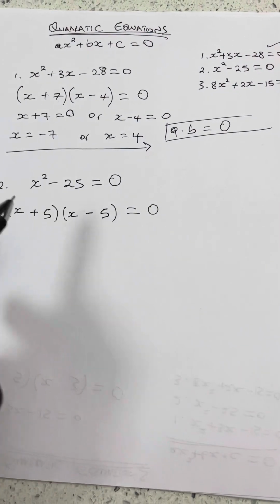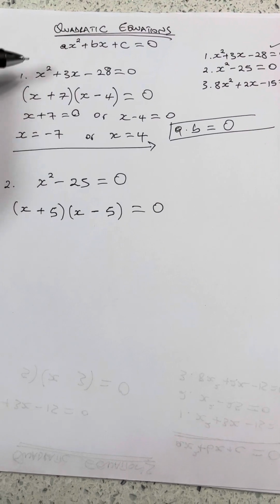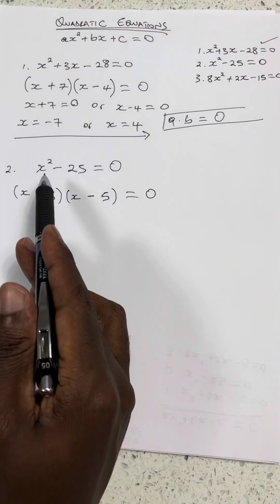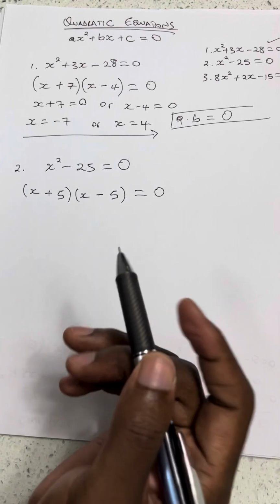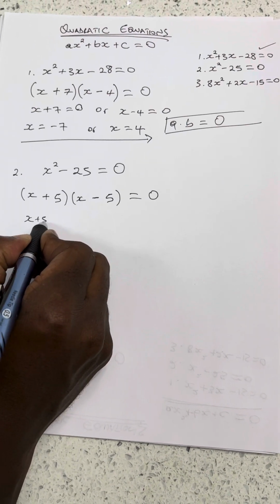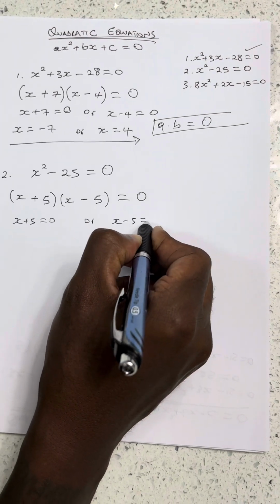This shows that the same thinking we apply when solving this kind of problem, we can use to solve a difference of perfect squares. And then from here we end up with x plus 5 is equal to 0, or x minus 5 is equal to 0.